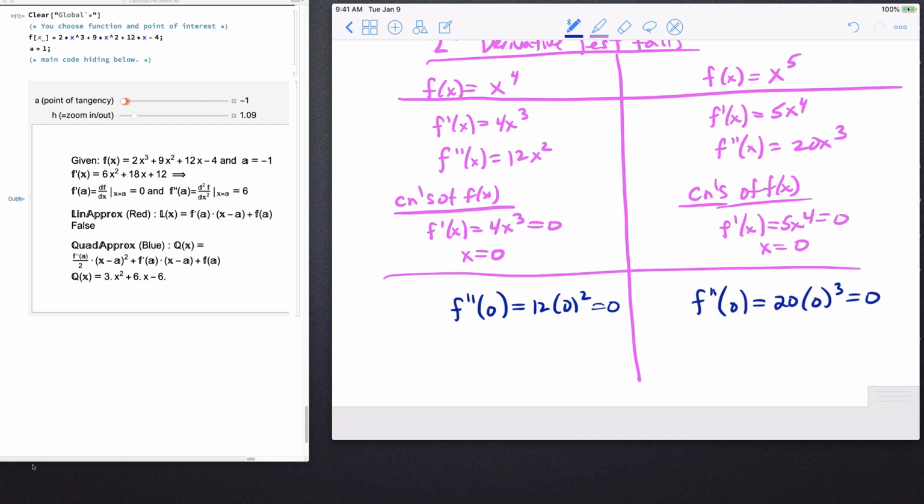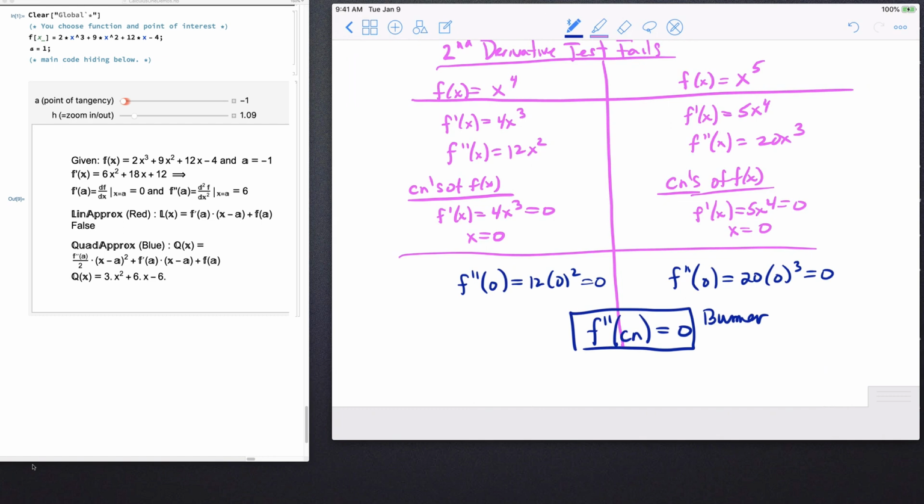Now this was a case where in both cases the second derivative evaluated at your critical number is 0. Okay, and we said that this was a bummer and that the test is inconclusive because anything can happen here. So notice that the function x to the fourth is a function that looks like this. It's really flat on the bottom.